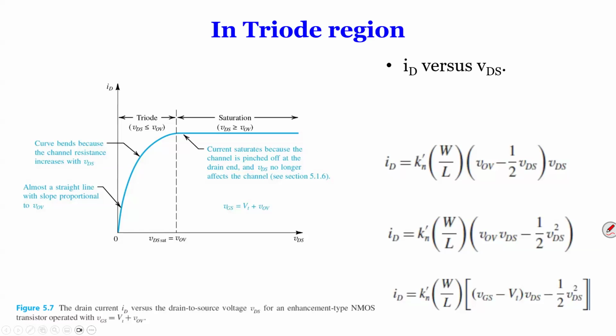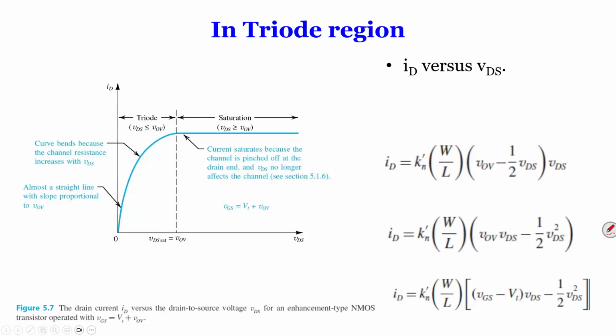This is the property we are most interested in, because we can apply whatever voltage we want, and the current will be essentially the same. Of course, later on we're going to talk about how it's not exactly flat. It's still going up a little bit, but not as much as here, where it goes very fast. This region we call triode, and this region we call saturation.